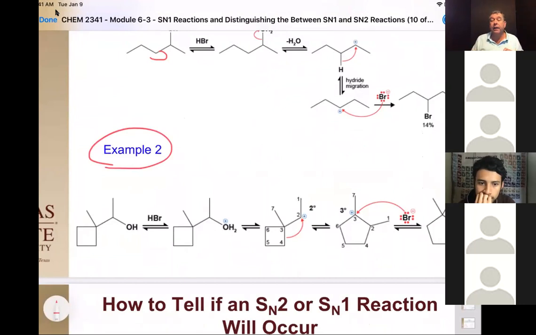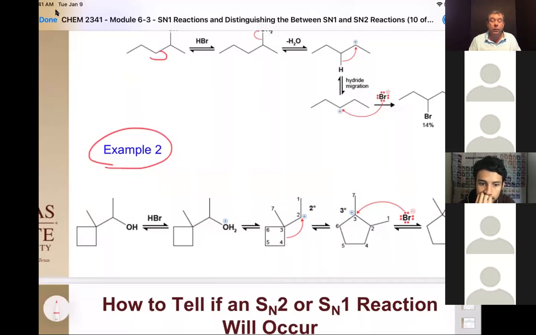Okay, carbocation rearrangements in rings can be driven by the fact that, number one, you're going from a secondary to a tertiary, but when you have small rings, like 5, 4, and 3-membered rings, you also have ring strain. Those bonds are not at 109 degrees, and so they have energy that wants them to expand.